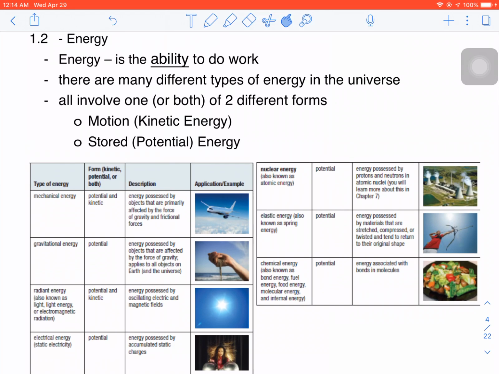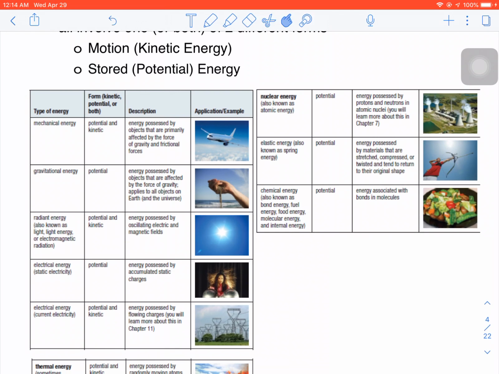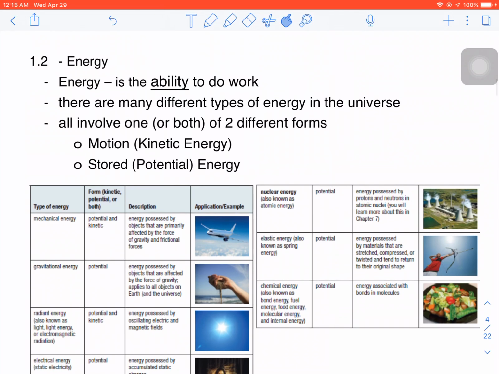Now, ultimately, there are many, many different forms of energy in the universe. We talked in yesterday's note about the first law of thermodynamics, saying that energy cannot be created or destroyed, but there are many types of energy in the universe. All of them involve one of 2 types of energy.